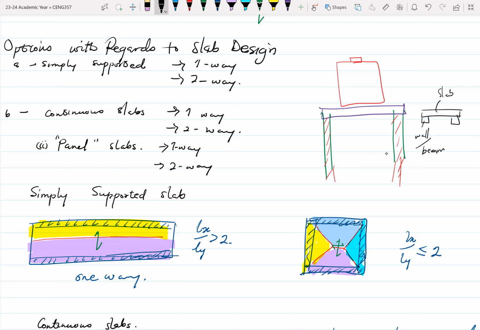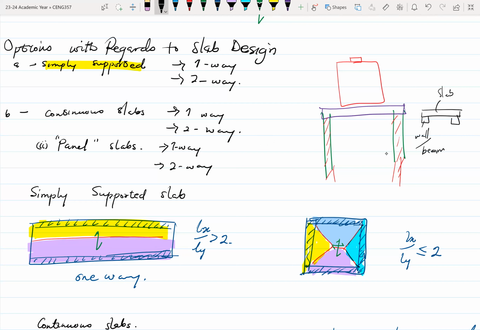Then, with a simply supported slab, we either have one way or we have two way. And one way or two way is dependent on how the loads are being distributed. That's a better word. How the loads are being distributed. And that's whether it's one way or two way.